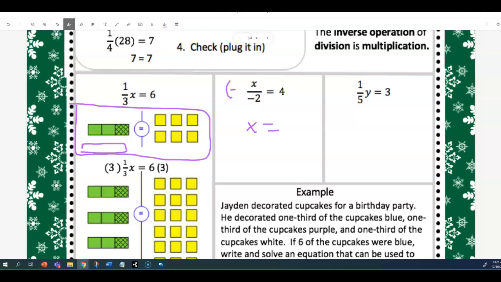So -2 on the left, -2 on the right. Those are going to cancel out, and I have 4 times -2. Remember our rules for integers for multiplying and dividing? Same signs are positive, different signs negative. These are different signs, so my answer is going to be negative. And 4 times 2 is 8.